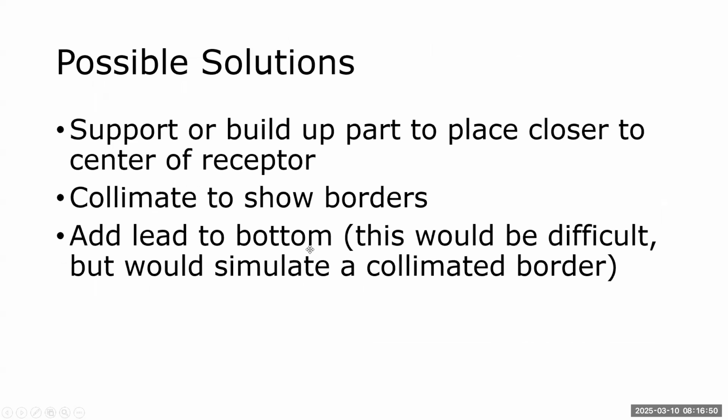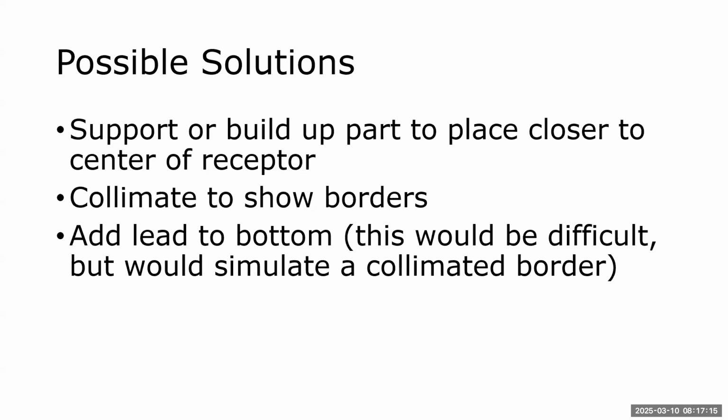Okay, so the possible solutions: support or build up the part to place it closer to the center of the receptor, collimate to show borders, add lead to the bottom. This would be difficult, but with simulated collimated border. So probably the easiest thing to do would be to build the patient up a bit so that you can get that border on the bottom.